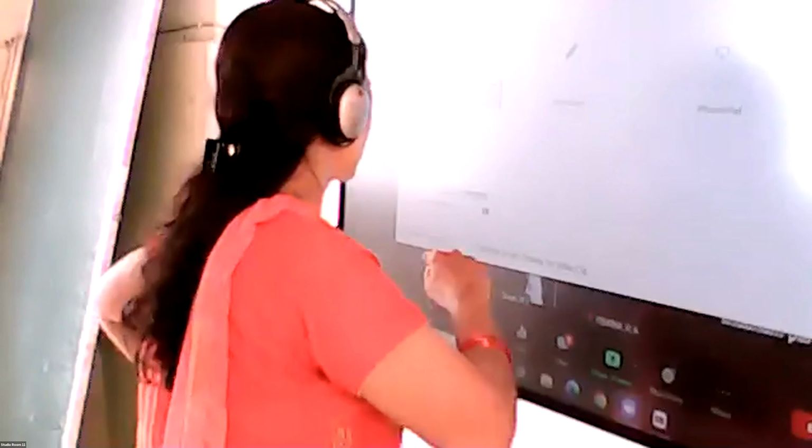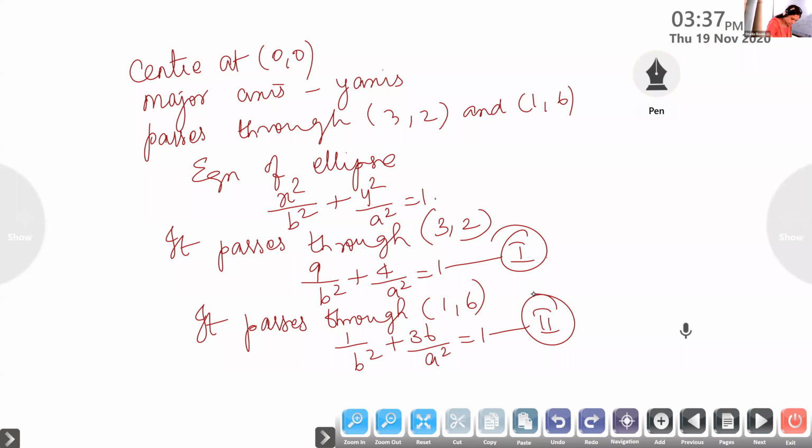Are you able to solve that one? Can you give the equation?